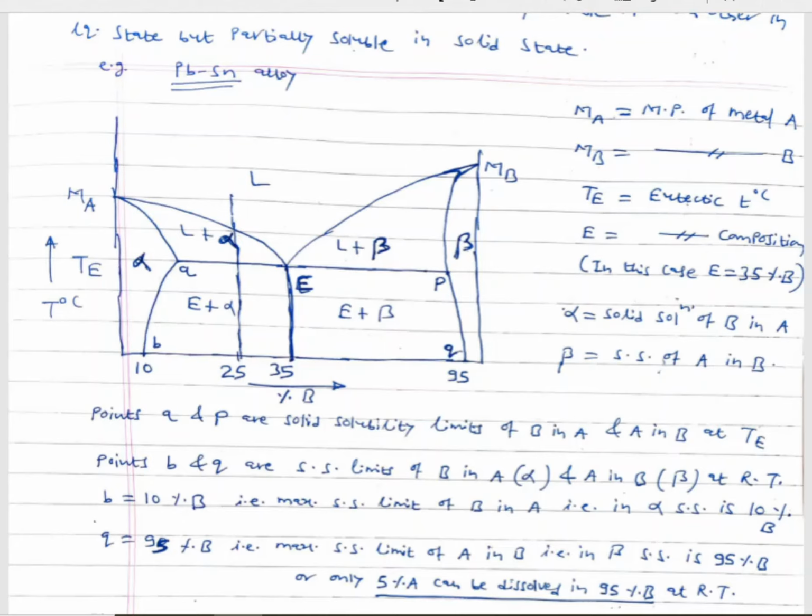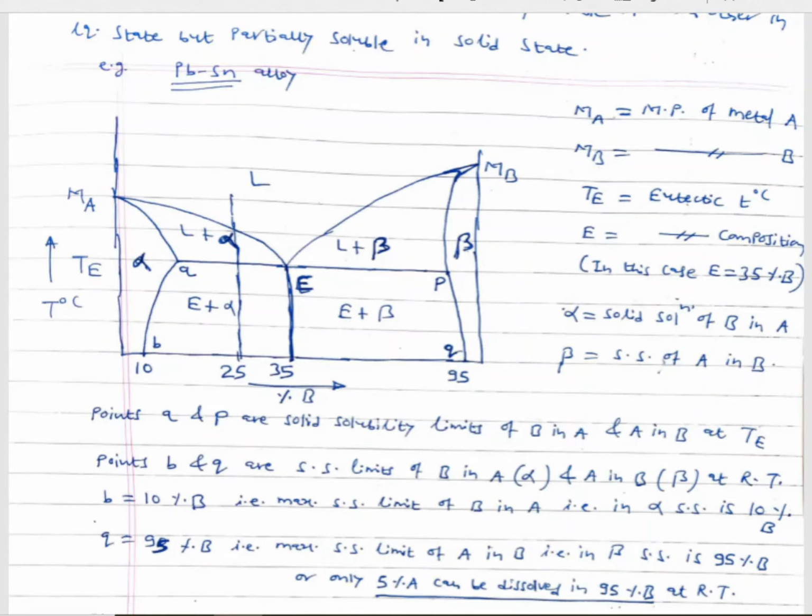Similarly, point P gives us the information about how much maximum amount of A in B can be dissolved at eutectic temperature. You can see here in the diagram, point a is a little higher than point b.